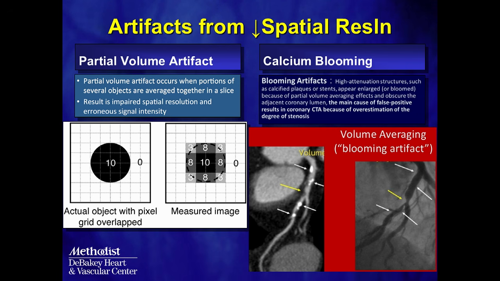There'll be pixels with mixed intensities, and therefore they'll be assigned different CT values. So that's where you get this partial voluming idea, where you get one pixel with two different things in it, and you get a little mixture in the image. Poor spatial resolution is also responsible for the blooming artifacts that we see with CT.